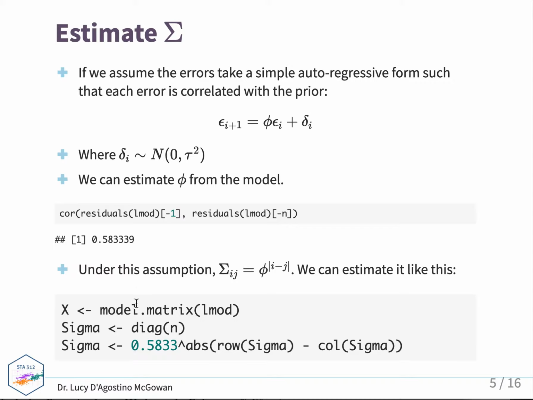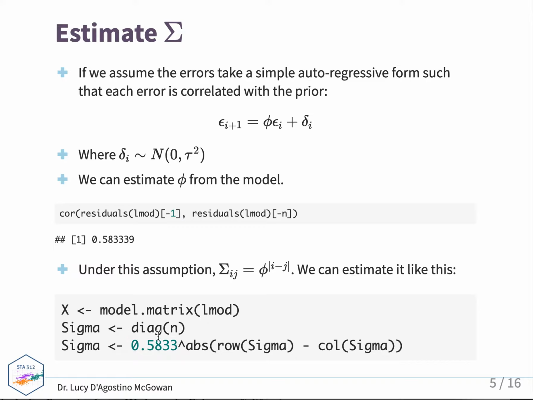And so what I'm going to do here is take that linear model that I fit and pull out the design matrix, X. Instead of creating that design matrix by hand, I can use model.matrix to pull it out. And then to create sigma, I'm going to start by creating just a diagonal matrix, to fill in this matrix to start with.